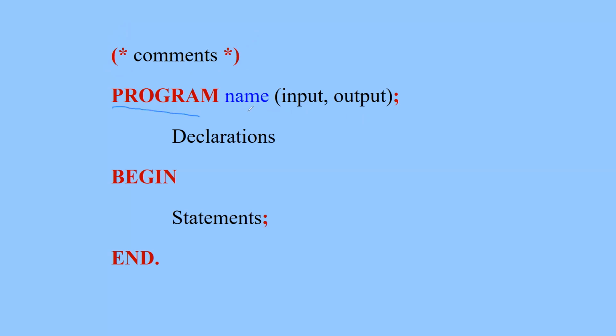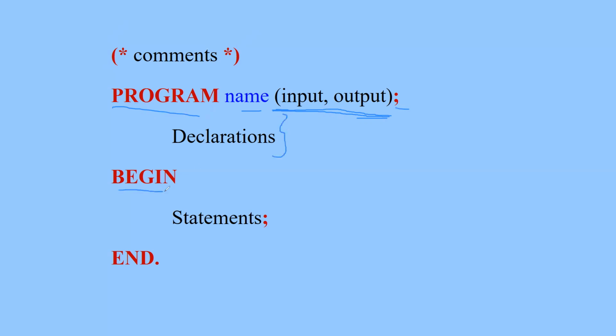We have program name, we have these parentheses, we have this other one, but later on I will tell you that based on the programming language you are using, or the Pascal, this part can be optional. If it is doing nothing, you don't need to have it. So you can have program name terminated with a semicolon. Then we have the declarations part.